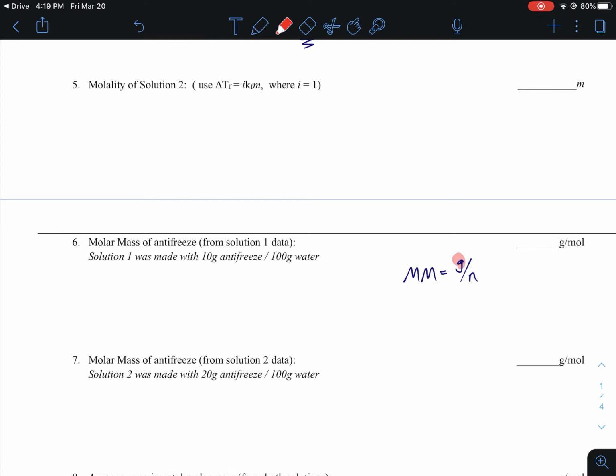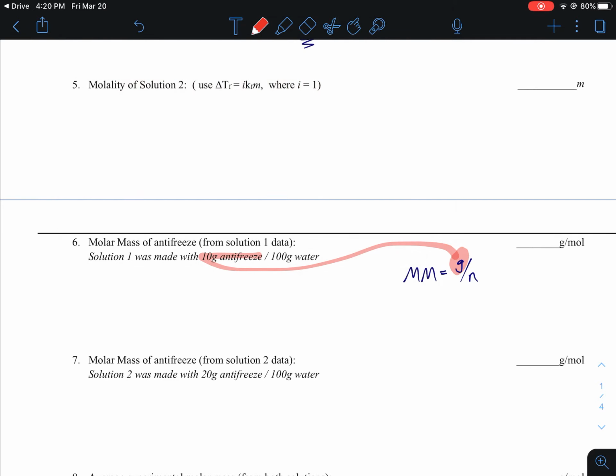Well, think about the grams. You actually know the grams in solution 1. You also know the grams in solution 2. So you can actually calculate the molar mass using the grams of solute that are given to you in the introduction to the lab, the way we created the solutions.